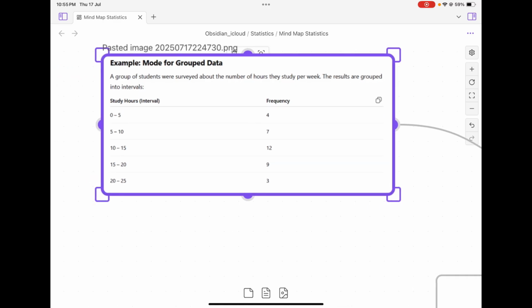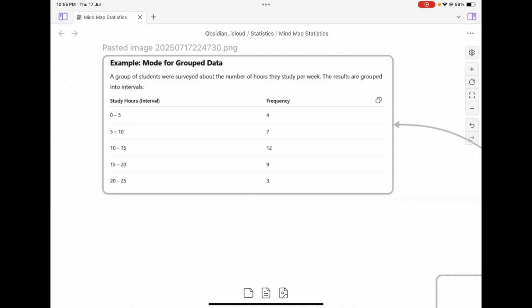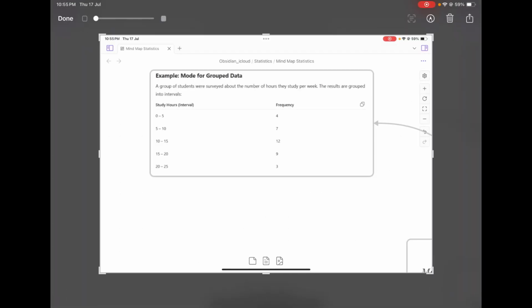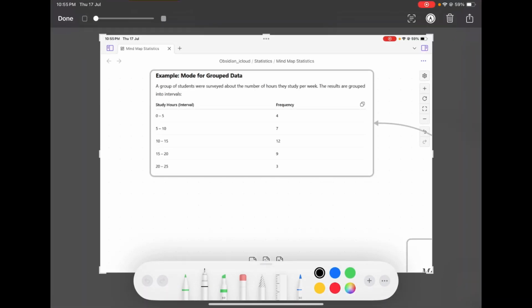This is a kind of grouped data, and you can see the difference here. A group of students were surveyed about the number of hours they study per week. The results are grouped into these details, and you need to find the mode.